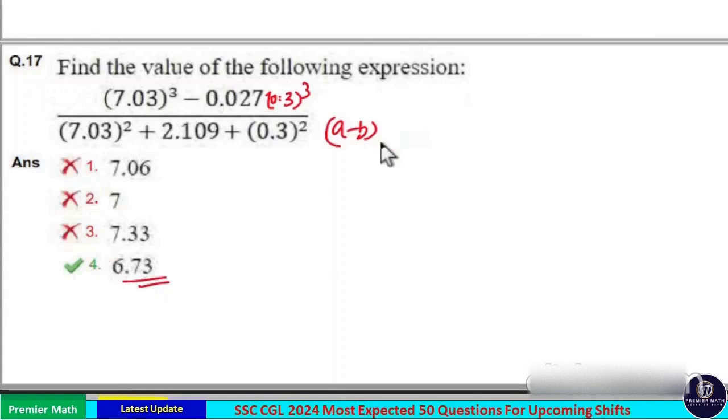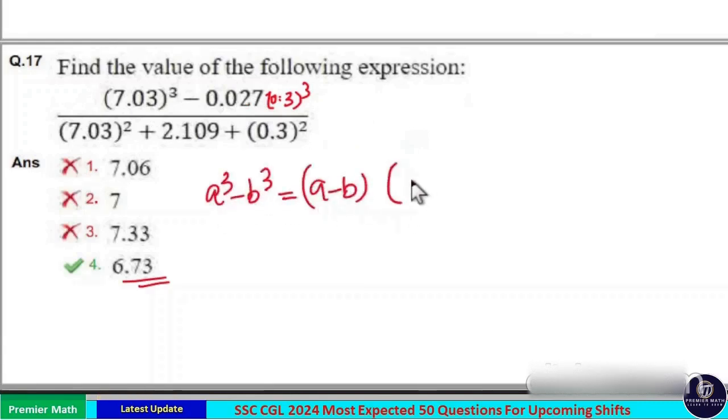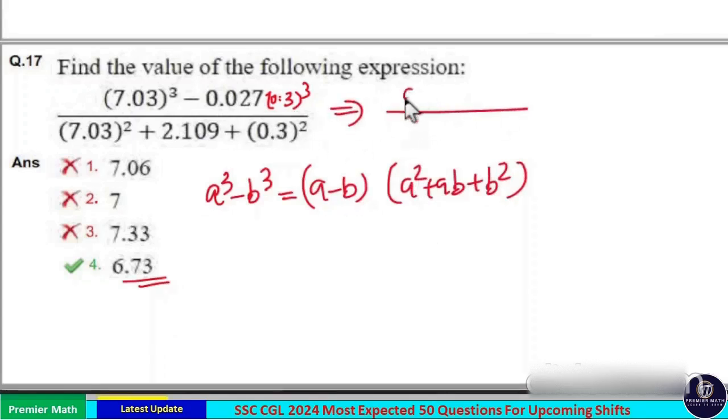If you look at this, it is like a cube minus b cube. The a cube minus b cube formula is equal to a minus b into a square plus ab plus b square. Here, if you look at this expression, in the numerator you have a cube minus b cube, that is 7.03 cube minus 0.3 cube.